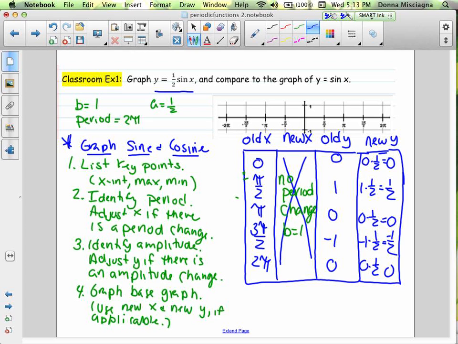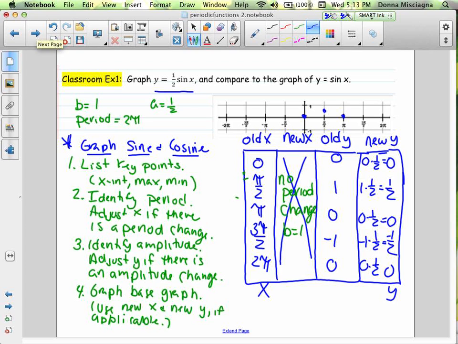These are our x values, and these are our y values right there. All right, so we have the point 0, 0. We have the point pi halves, 1/2. So it's going to go right there. We have the point pi, 0.